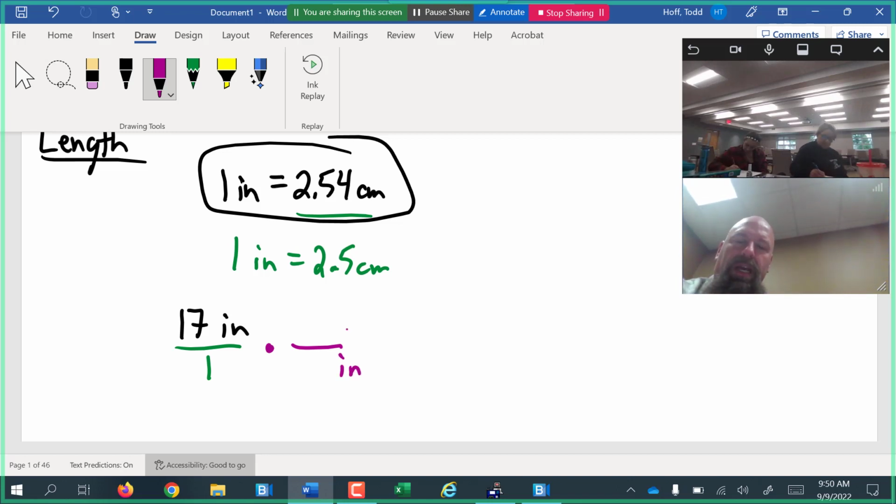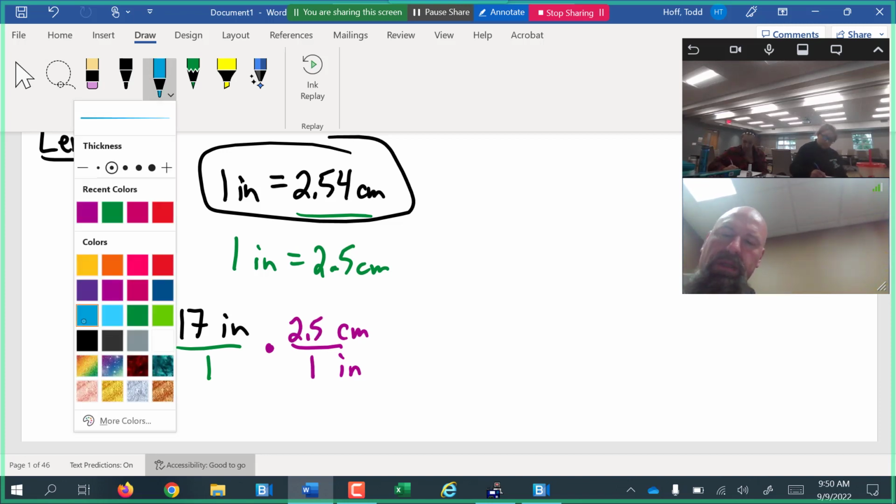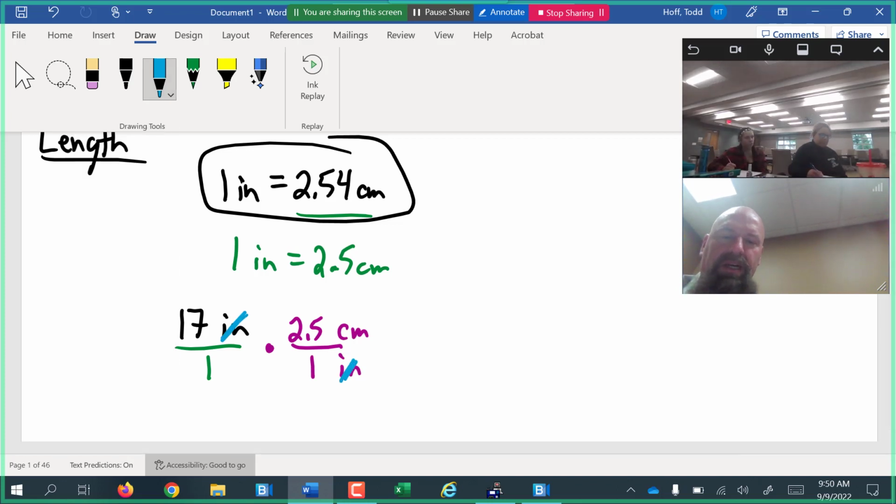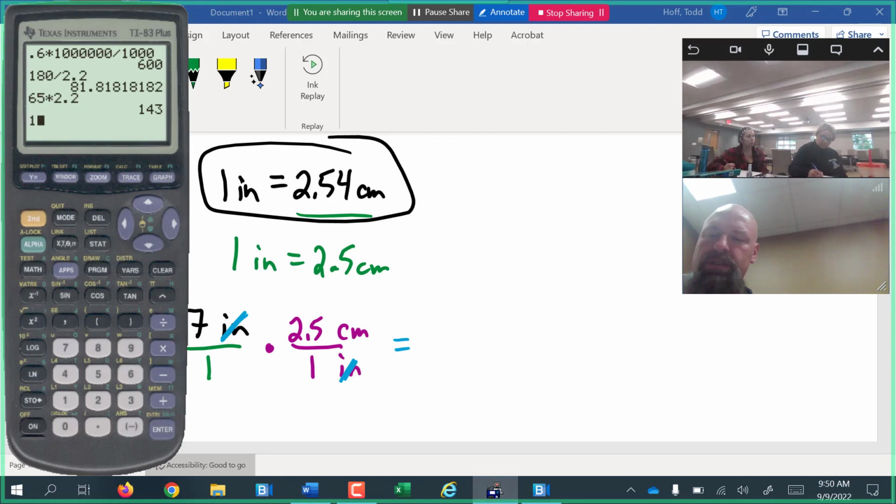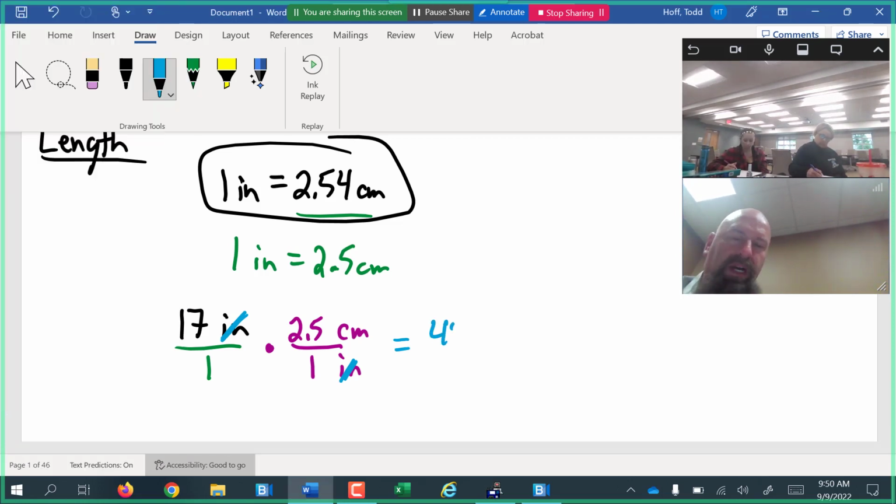And we're going to centimeters. And 1 inch is 2.5 centimeters. So here the inches cancel out. We have 17 times 2.5 gives us 42.5 centimeters. On bottom is just 1 times 1, so that result is 42.5 centimeters.